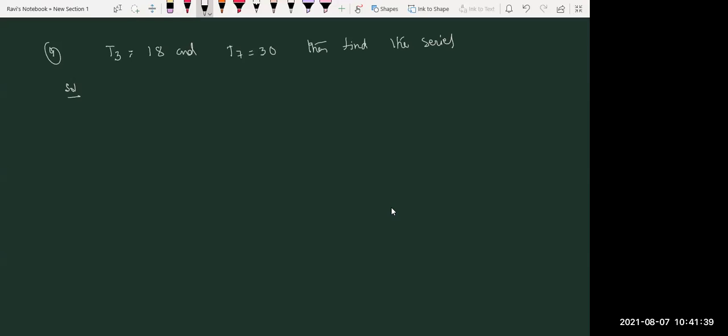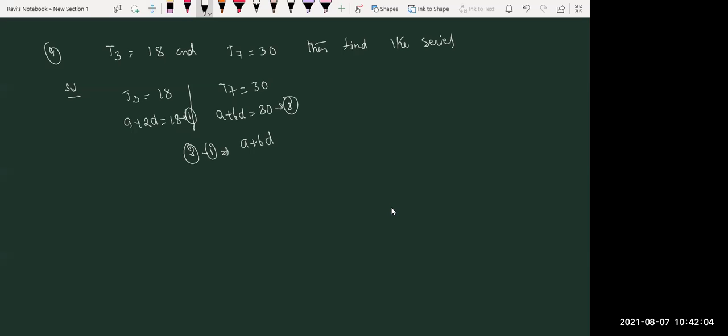Tell me, anyone, the third term is what? a plus 2d equals 18. Very good. Then a plus 6d equals 30. Second equation and first equation, can we solve these two?